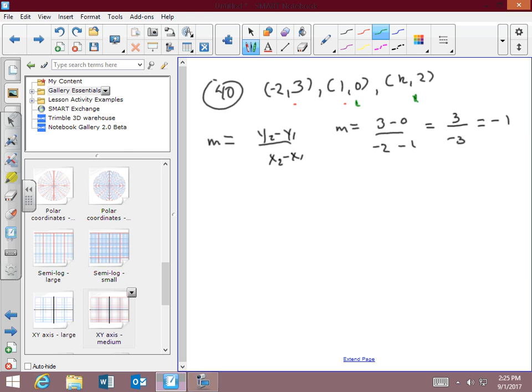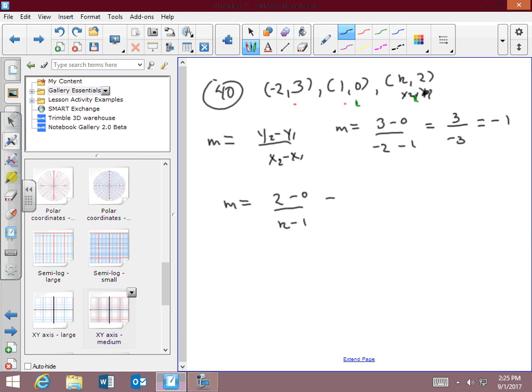Now if I take these two and plug them into my formula, m equals, with this one as x2, y2, then it's 2 minus 0, and in the denominator I'll have k minus 1, right?